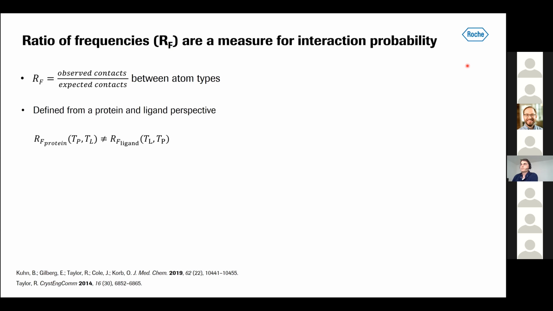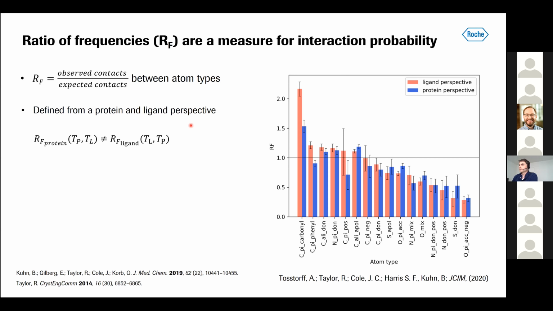So we define it both from a protein and the ligand perspective. This then looks like this. You have two atom types, and this data is for chlorine on the ligand side. On the x-axis, you see the different protein atom types we have defined. And you can see a higher RF value means a high preference for this atom type, and a lower RF value means a low preference.